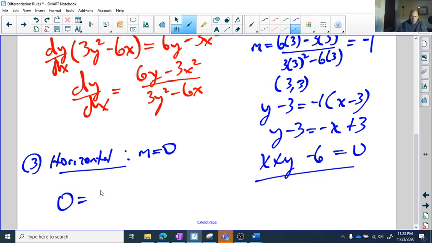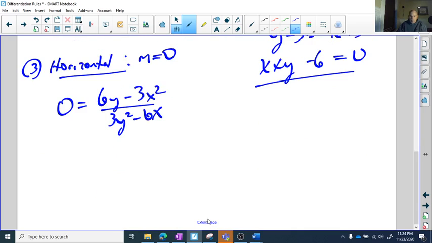So 0 is equal to 6y minus 3x squared over 3y squared minus 6x. Well, the only way that a fraction can equal 0 is if the numerator is 0. So based on what I see here, I know then that the numerator, 6y, take away 3x squared, has to be equal to 0. The denominator can't be 0 because that's undefined.